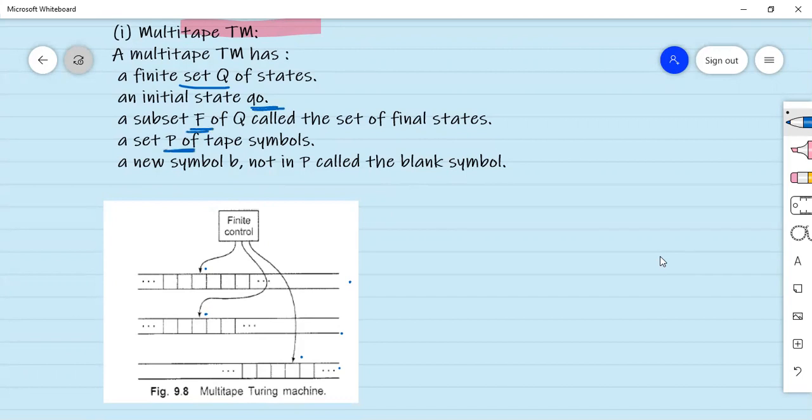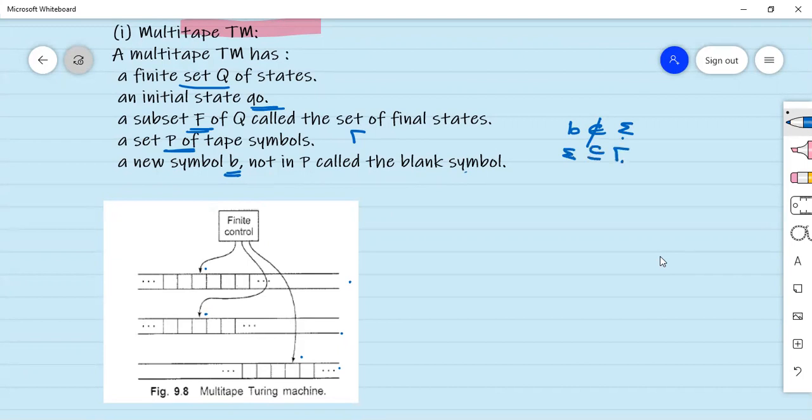And we'll have a set of tape symbols which we denote using tau, and a new symbol B which is not in tau. This is called a blank symbol. So blank definitely will not belong to our alphabet set, right? And whatever the sigma is always a subset of tau.